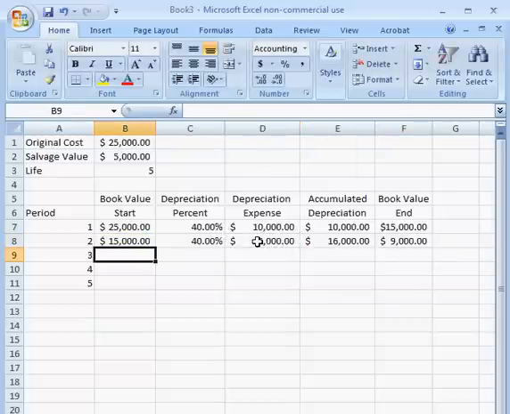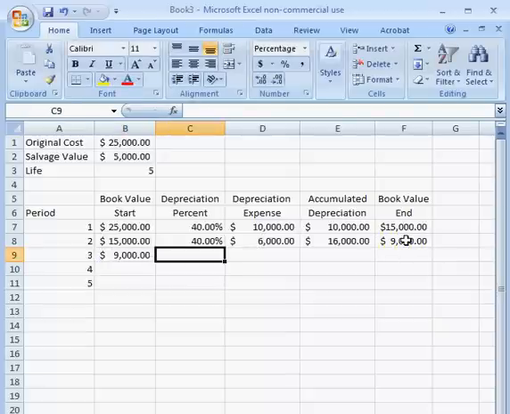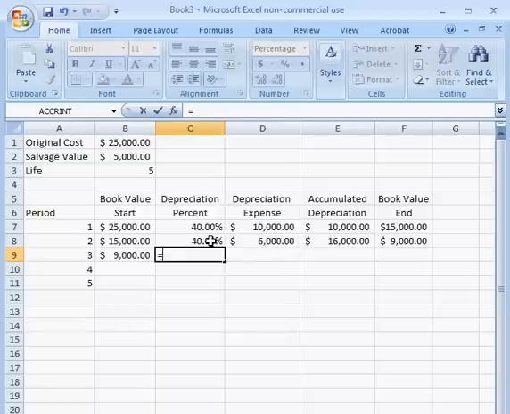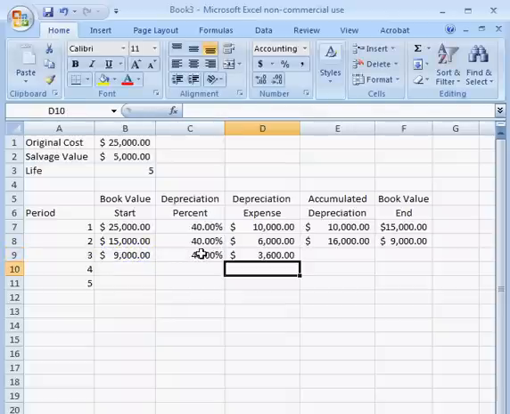For the book value start for the third year, it's going to be the $9,000. Let's continue to use this 40% depreciation percent. The depreciation expense is the $9,000 multiplied by the 40%, which is $3,600.